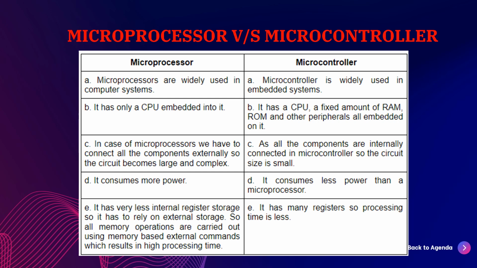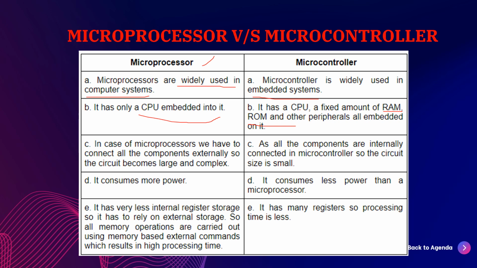Now, microprocessor versus microcontroller. Microprocessors are widely used in computer systems, whereas microcontrollers are widely used in embedded systems. A microprocessor has only a CPU embedded in it. But a microcontroller has a CPU, a fixed amount of RAM, ROM, and other peripheral devices all embedded on it.